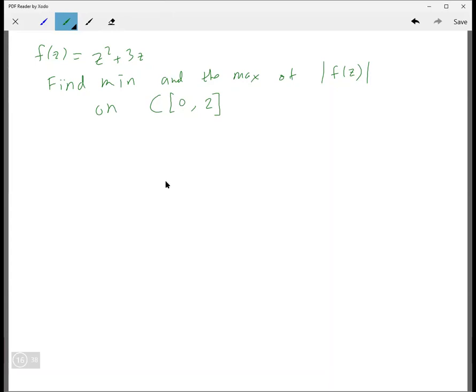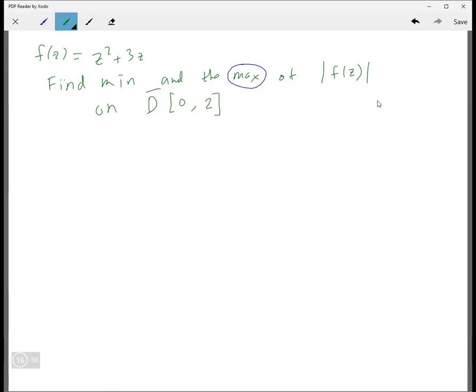So, for the maximum, then we can apply the maximum modulus principle, and it has to happen on the boundary. Wait, okay, so what I meant to say is the disk. The closed disk, just to be sure.